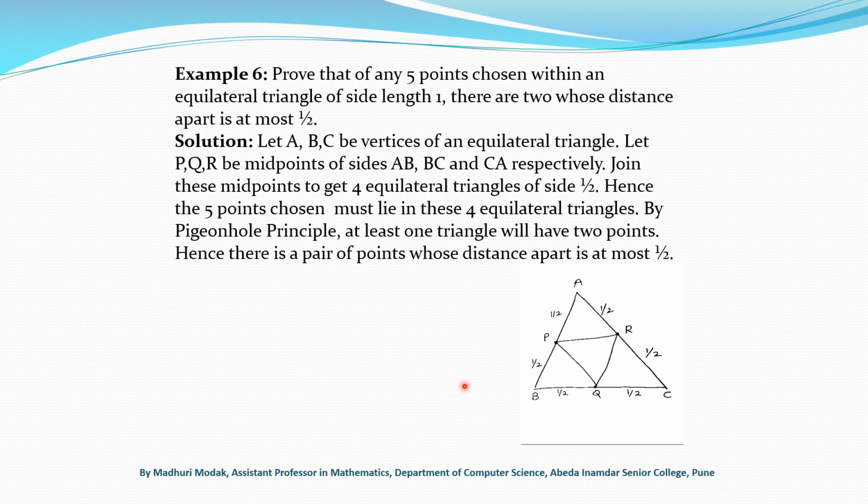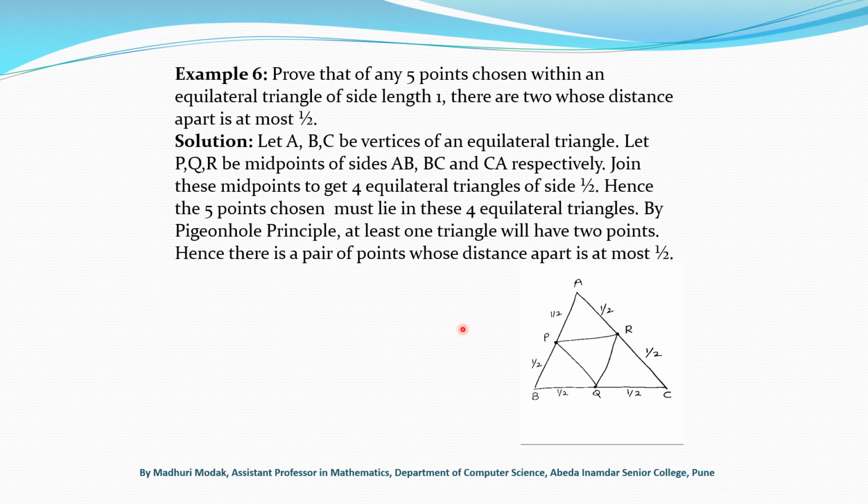So the whole triangle is divided into 4 equilateral triangles. Now from triangle ABC we have to select 5 points. Selecting 5 points from triangle ABC is nothing but selecting 5 points from these 4 equilateral triangles. So there are 4 triangles and we are selecting 5 points. By pigeonhole principle, at least one triangle will have 2 points.